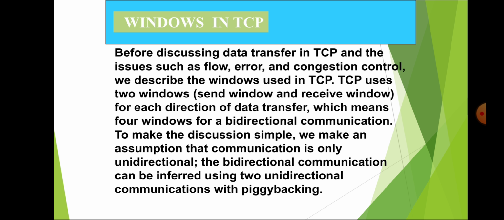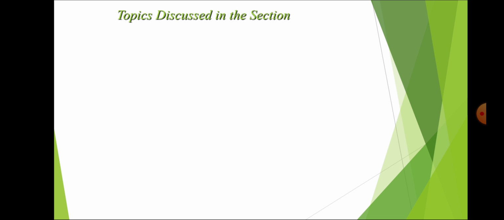How exactly that data is transferred without error is what we are going to learn. So we are going to discuss the send window and the receive window. First we will understand the send window and receive window.